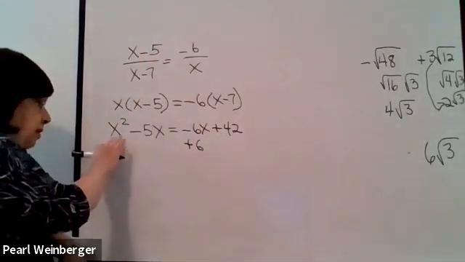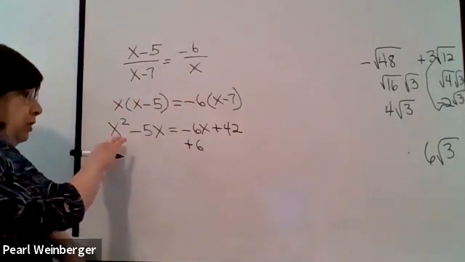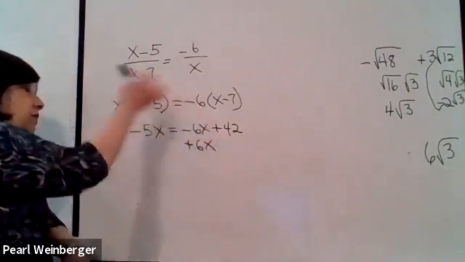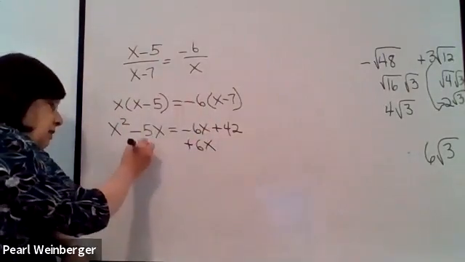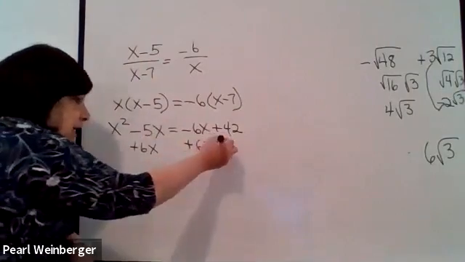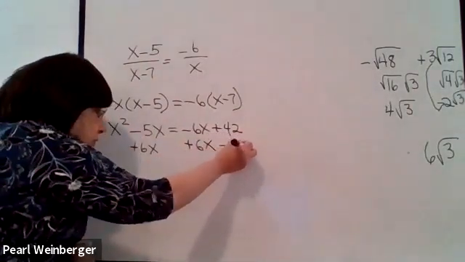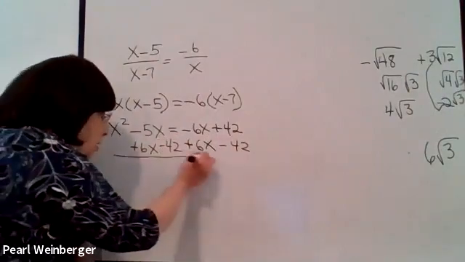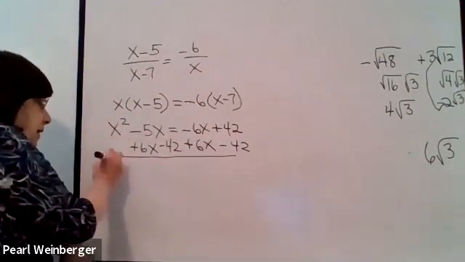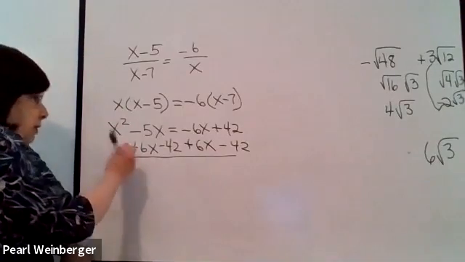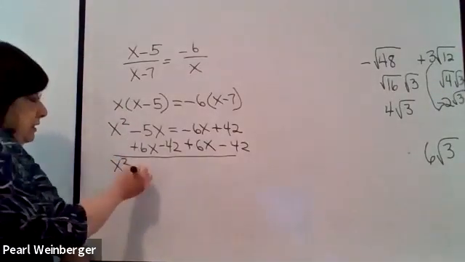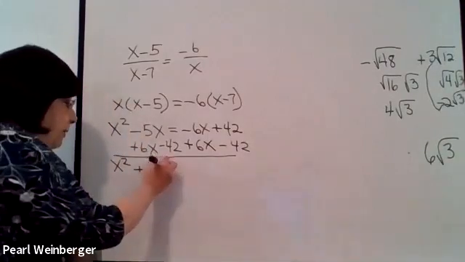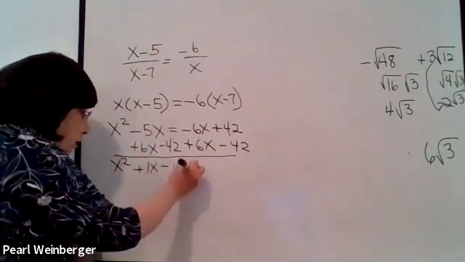Not always is it going to be a quadratic equation, but if it is, you're going to have to bring everything to one side. So I'm going to add 6x to both sides, and subtract 42 from both sides, which will give me x squared. Now, negative 5x and plus 6x is plus x, and minus 42.